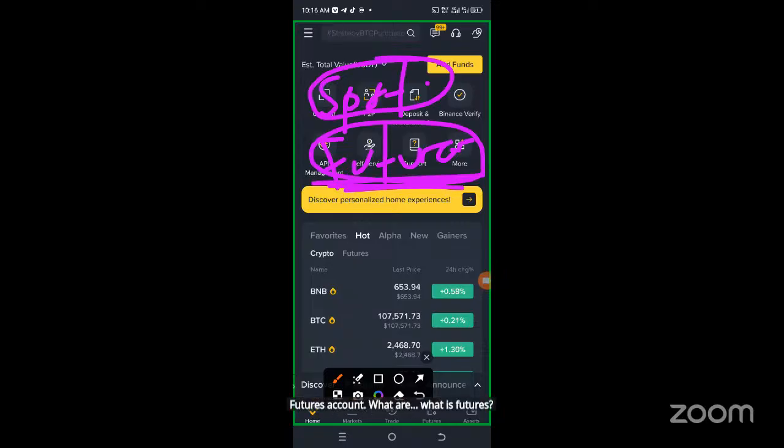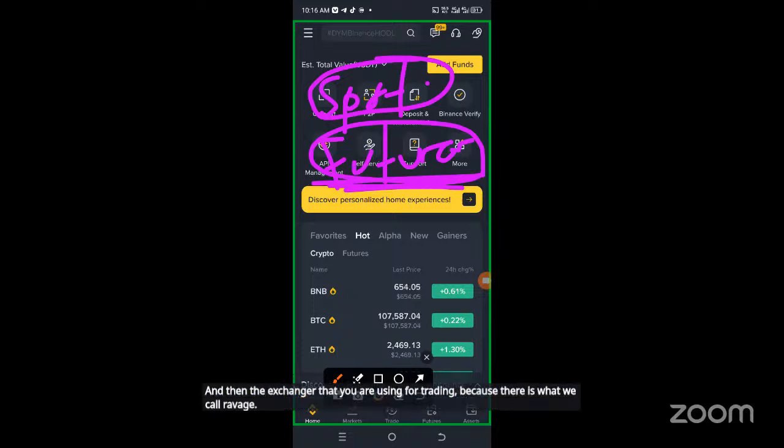Futures is a contract, an agreement between two parties: you who is going to be trading, and the exchange you are using for trading, because there is what we call leverage.